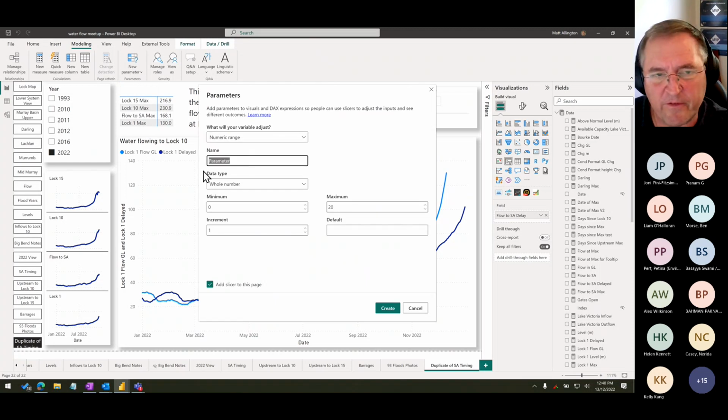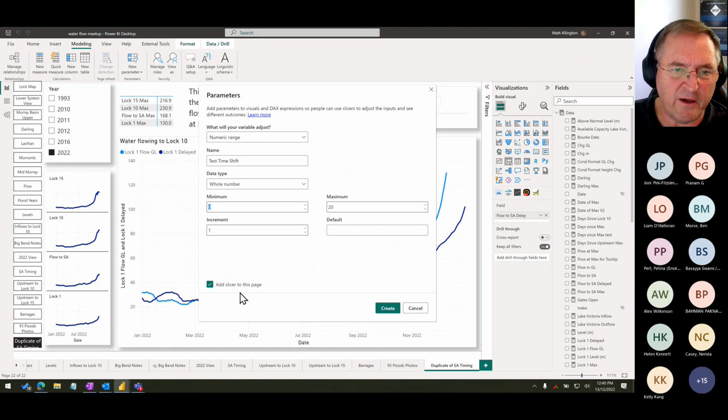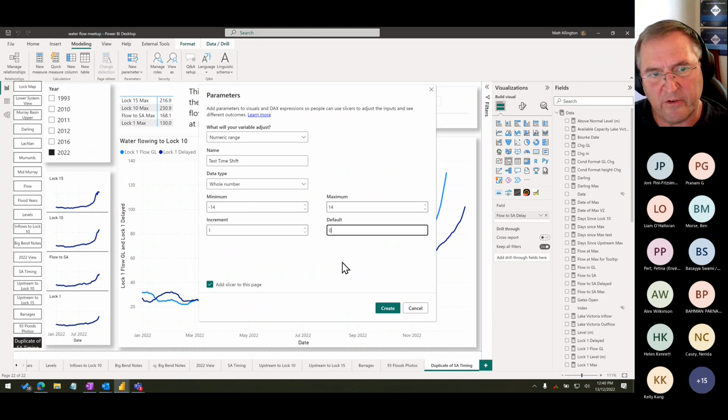And I'll call this my test time shift. And my parameter will be a whole number. The minimum will be, this time I'll go minus 14 and plus 14. And I'm going to increment by 1. And I'll put the default as 0.